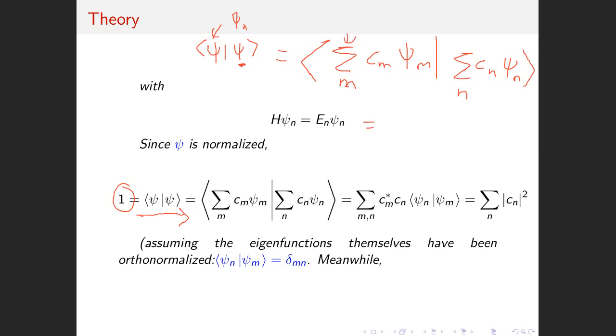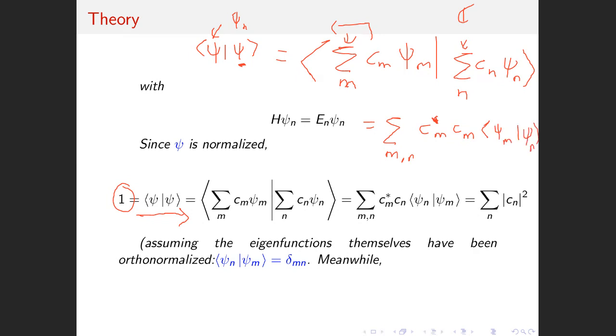Now these are just sums, and the inner product should be linear, so you can take the coefficients out. You end up with a sum over m and n of C_m C_n. If you take things out of the first Dirac bra, you get a complex conjugate, because usually we are working in C, not R. And then you will be left with psi_m, psi_n.